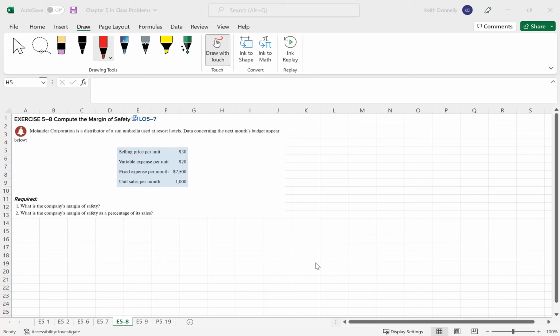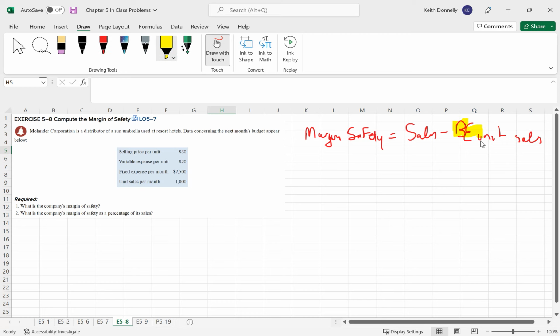In other words, the margin of safety is going to equal your sales minus your break-even unit sales. So first thing we got to do is solve this over here, right? It's like an equation within an equation.